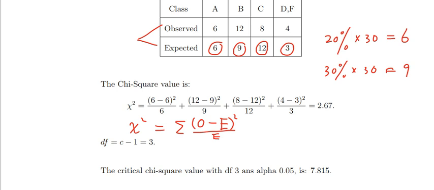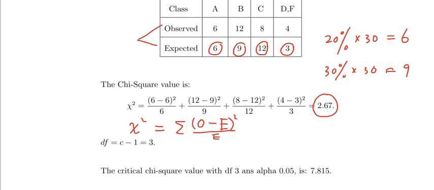I will ask you what the chi-square value is for this problem. You should be able to do those. I will check your understanding of the formula. By a little calculation, we find that this value is 2.67.